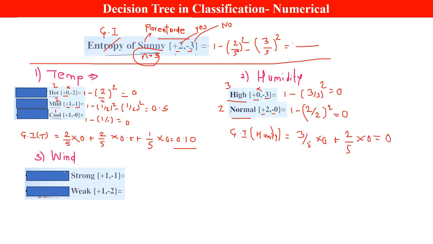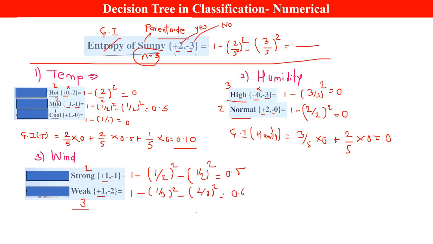Then the third one is wind. In wind we have strong and weak. Strong is coming 2 times and weak is coming 3 times. In strong, 1 time yes, so 1 minus probability of yes, 1 by 2 square, minus probability of no, also 1 by 2 square. This becomes 0.5. Then in weak, yes is coming 1 time, total occurrences are 3, so 1 minus 1 by 3 square minus 2 by 3 square, which comes out to be 0.44.